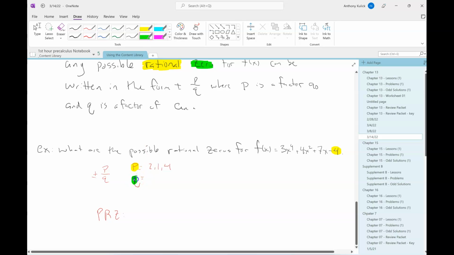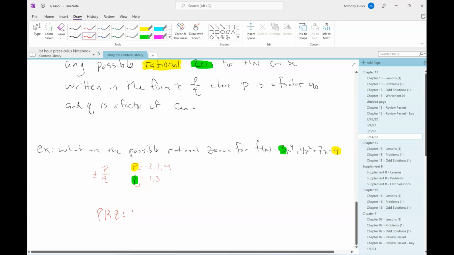And then Q is the leading coefficient. What's the leading coefficient? 3. What are our factors of 3? Okay.